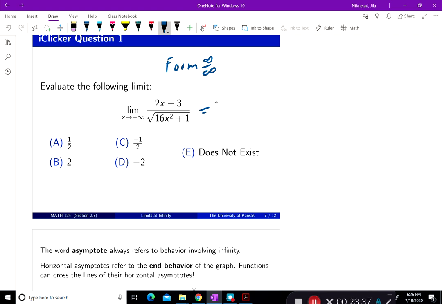I can see that the degree of the numerator is equal to the highest degree of x in the denominator, if I take x squared outside the square root. So it's the same song and dance as usual: factor it out.